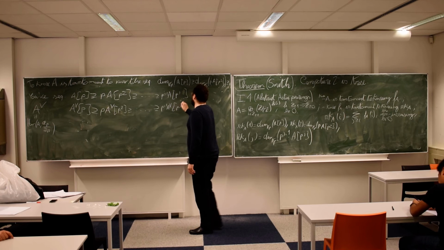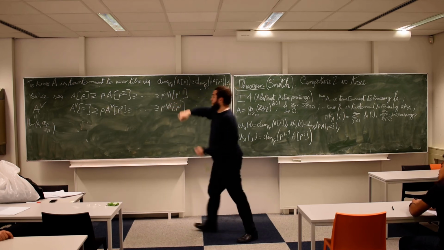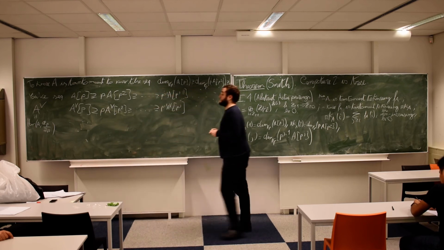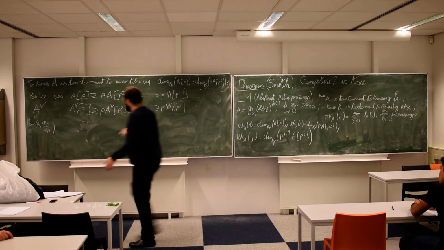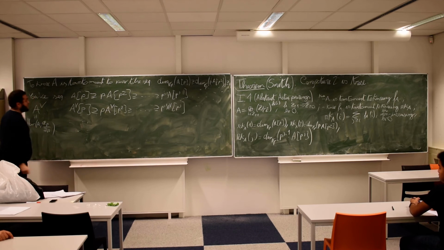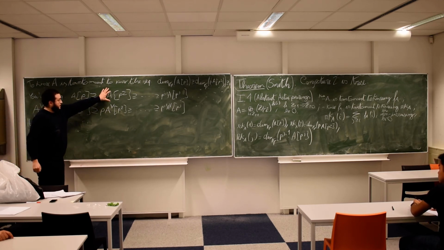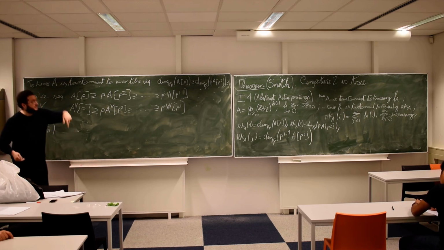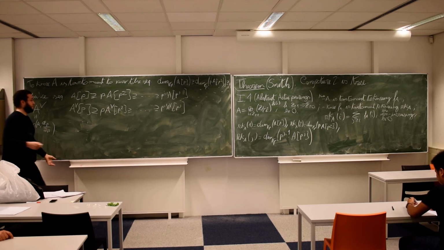Okay. So these vector spaces have the same dimension because A and A-dual are isomorphic, and what I want to define is a pairing at each step of the filtration in such a way that the left and right kernel of the pairing will be the next vector space in this filtration.